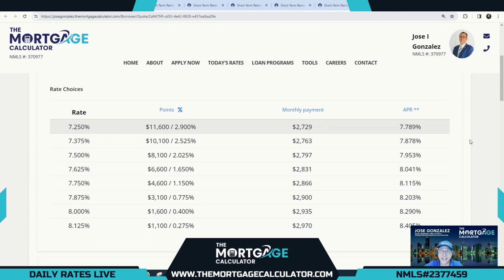It's real data. It's not a projected number like AirDNA. AirDNA projects what that property will do based on the parameters and the available comps. So in this case, 8.125 is our lowest rate option, almost at par. And you can buy that down all the way to 7.25%.